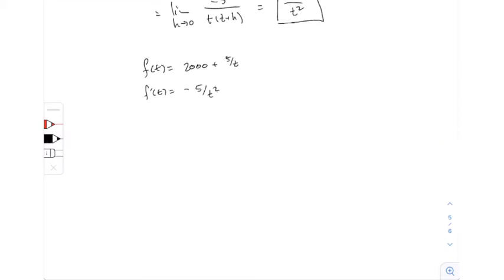Let me just remind us sort of what this means. F of 1 equals 2005. If you plug t equals 1 into that first one, what that means is, on day 1, I have this much money, $2,005, right? Whereas f prime of 1, if I plug t equals 1 into this formula, f prime of 1 is minus 5.